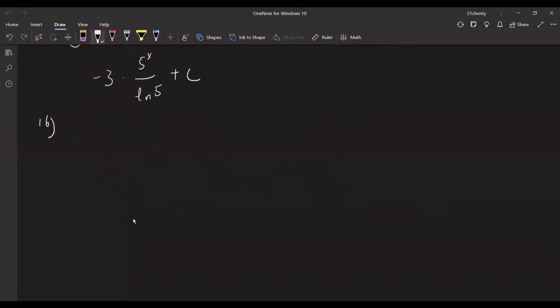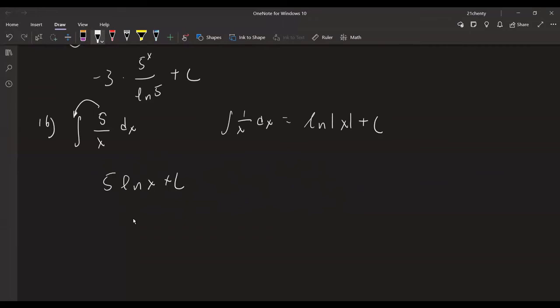So 16, again, these first few are just testing our knowledge of the formulas. Antiderivative of 1 over x dx is ln of x plus c. Factor out this 5, we get 5 ln x plus c.